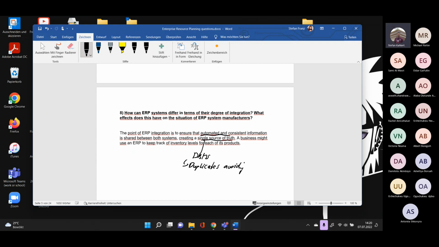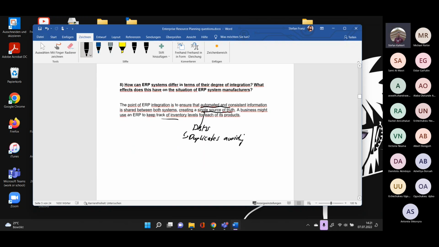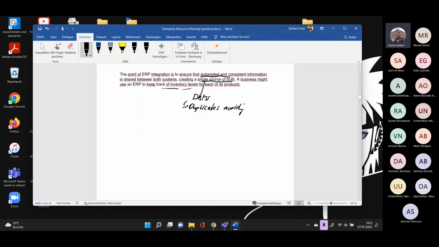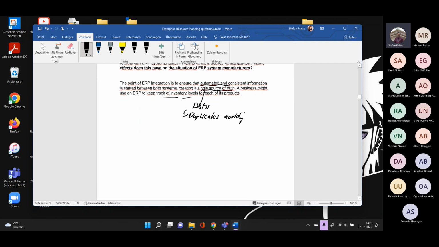To avoid that. Also, keep track of inventory for each of the product lines you have in business. So, for instance, if one of these systems is not integrated, for instance the inventory level, you always have a manual process, which in turn costs you more time and money. So you're losing effectiveness. And this is what we were saying in the past sessions: the level of integration is critical.